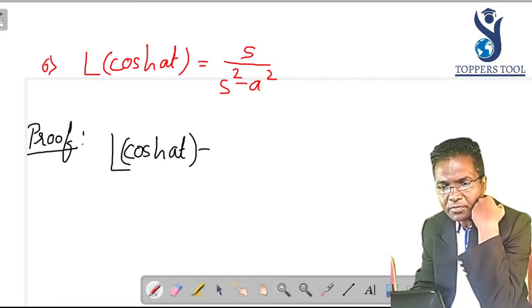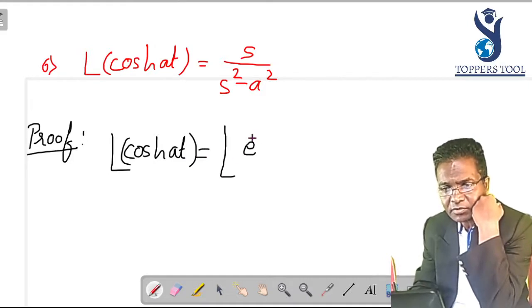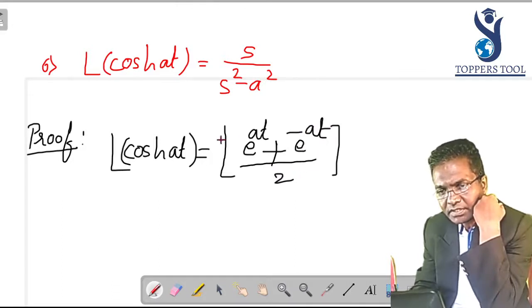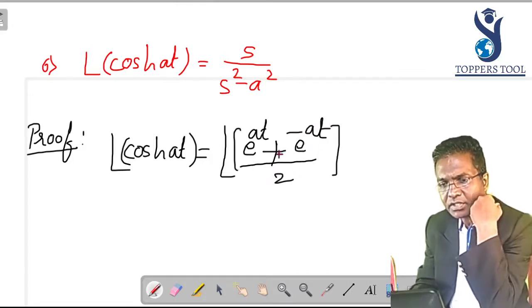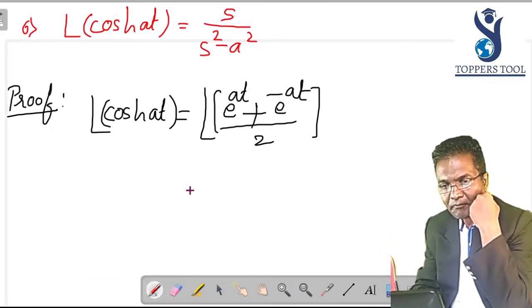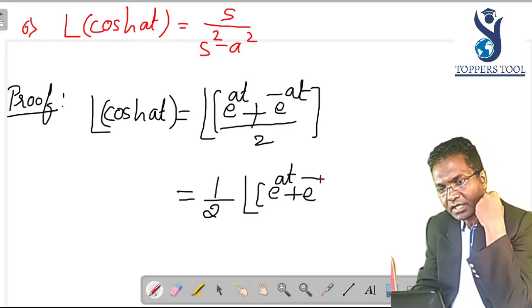Cos hyperbolic at can be expressed in exponential form like this. Please do remember this. Here you'll get plus. Okay. So this is nothing but the exponential form of these hyperbolic functions. So 1 by 2 outside, L of e power at plus e power minus at.